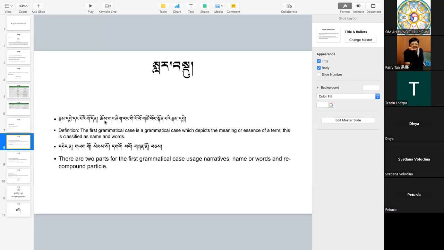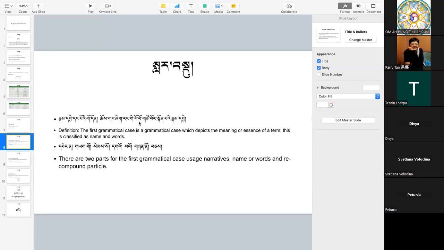Chö means phenomena. Anything that is existing is chö. So chö kangshik means whichever one phenomena. Rang means itself.